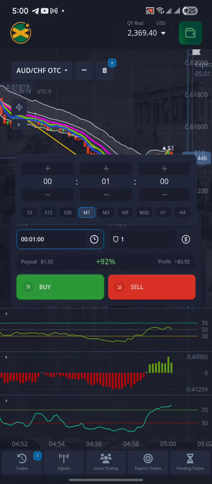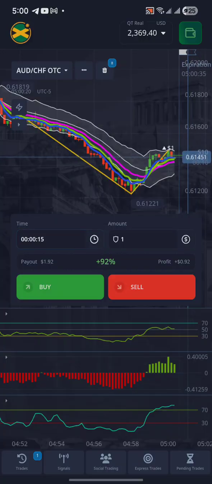Yeah, so this is our last trade. Time I got done. Close it out with a win.